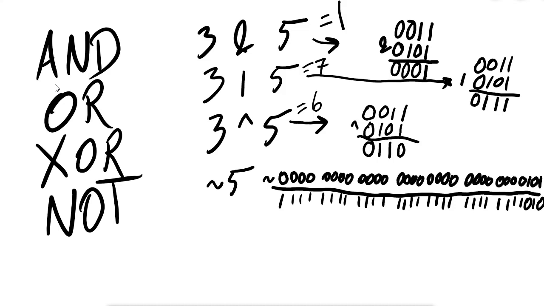The person looking at your code may not remember the order of operations, and they will definitely thank you for using the parentheses. All right. So in the next part, the final part of this series, we will talk about the shift operators, which are really awesome to combine with these bitwise operators.